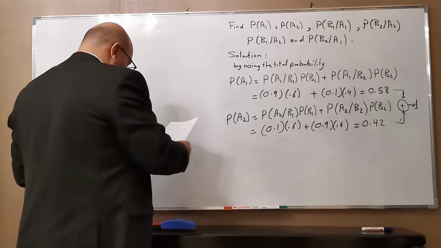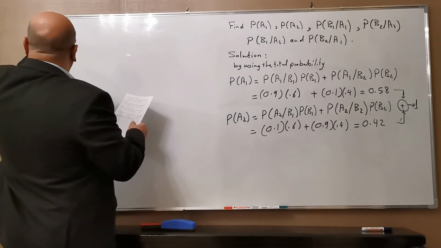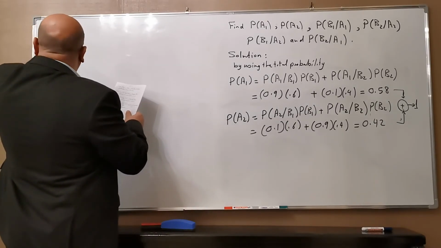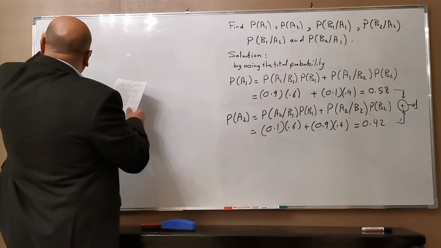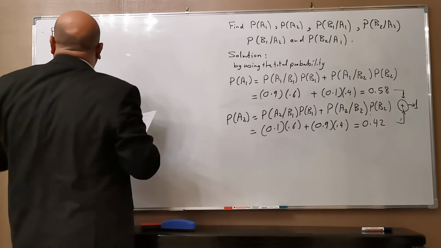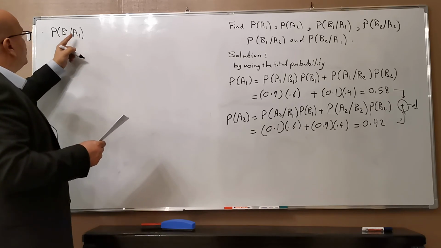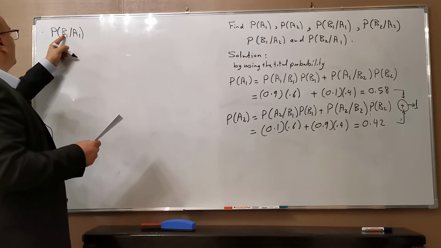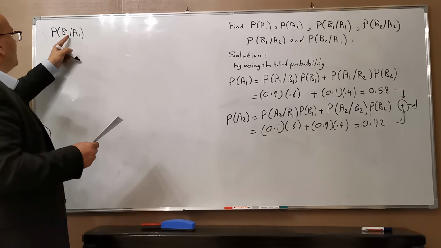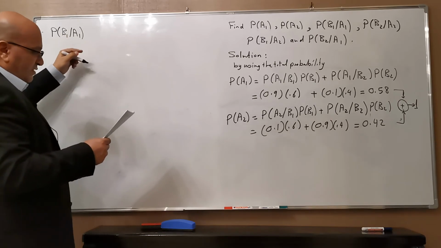Okay. What is the probability of B1 given A1, which means what is the probability that B1 was sent given that A1 has been received?